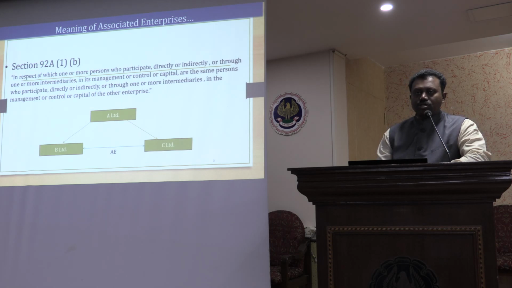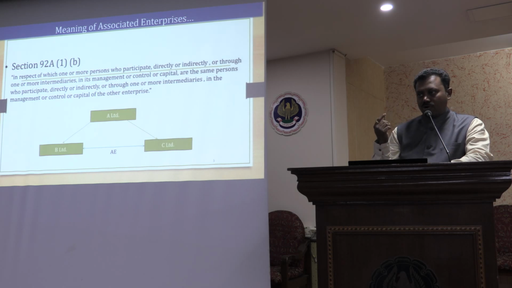These are definition sections. We will not have so much time to cover them. So I'm just trying to give you the heading so that you can recall this when you refer back to the provisions again.